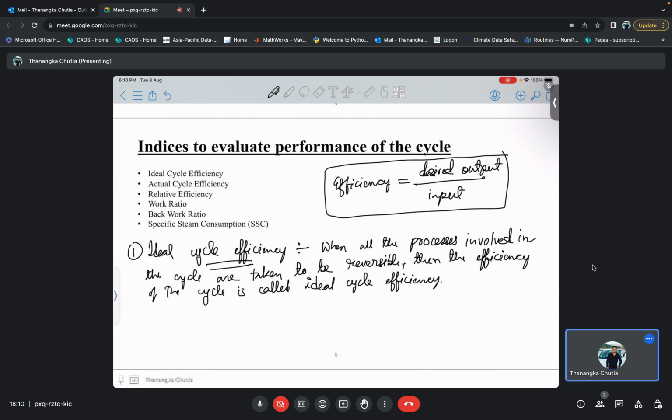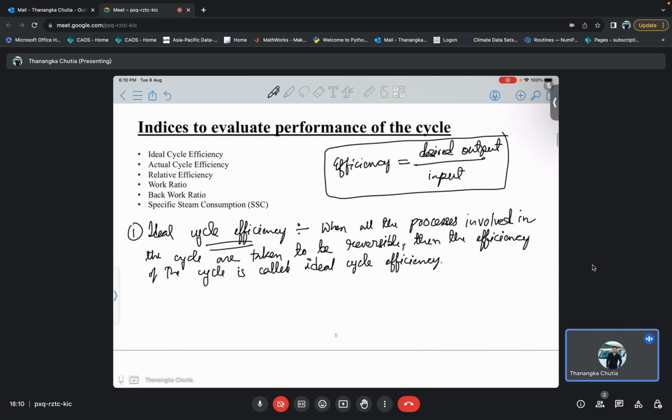We know that in reality no cycle can be ideal, because there are always irreversibilities. But why do we require the ideal cycle efficiency? Because it gives us a bound on the maximum limit of the efficiency of the cycle, and we will know whether the actual cycle is feasible or not.